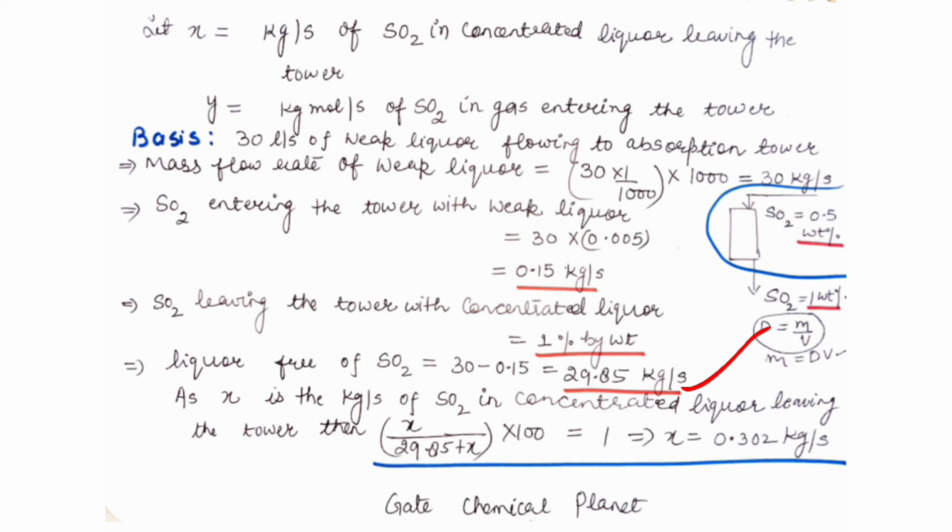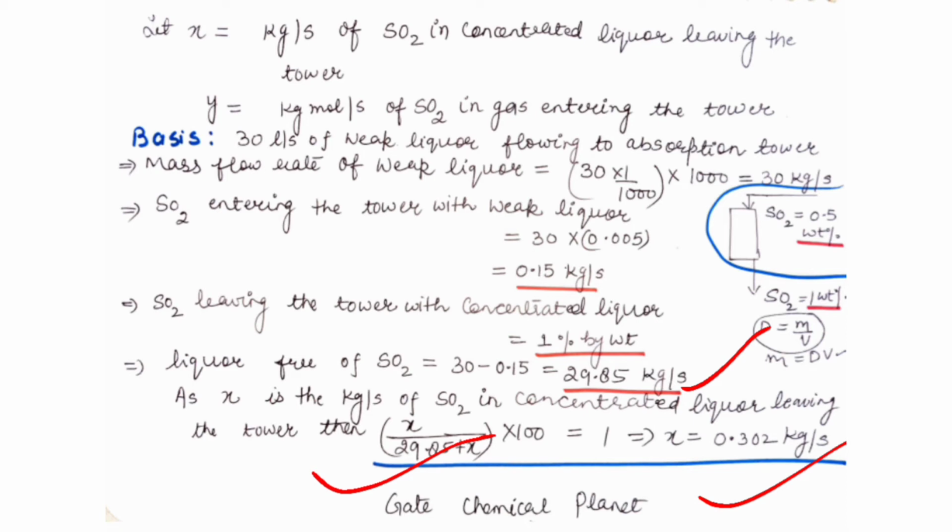As we have taken X as the kilograms per second of SO2 in concentrated liquor leaving the tower, how will we calculate the value of X? We calculate it this way: X divided by 29.85 plus X, into 100, equals 1, and in this way the value of X equals 0.303 kilograms per second.